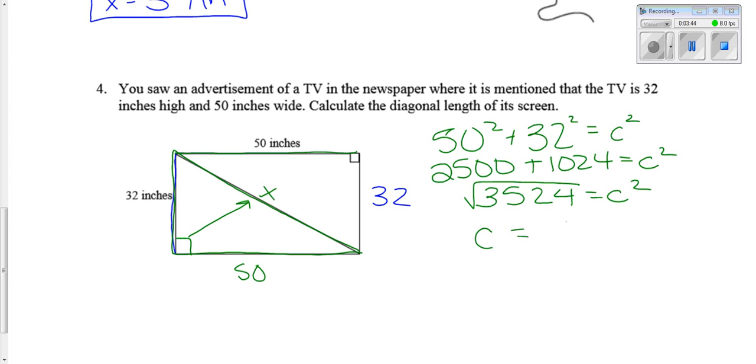So when I do all of that, I get that c equals 59.363 inches, which is also the square root of 3,524 inches.